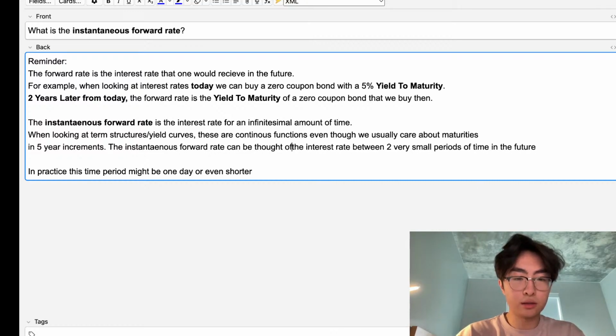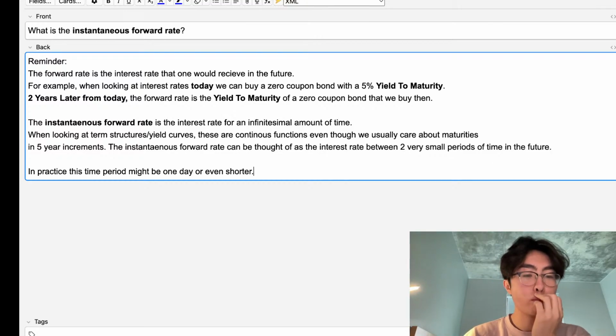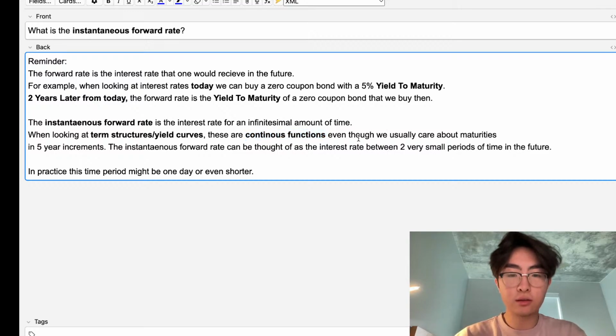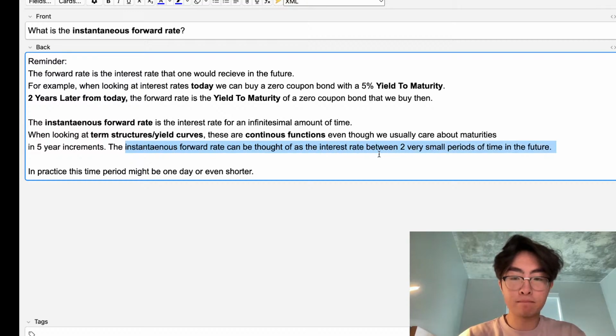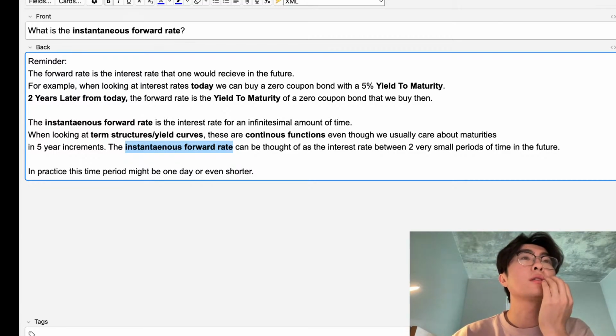Curves. These are continuous functions. The instantaneous forward rate can be thought of as the interest rate between two very small periods of time in the future. So let's take a picture of the yield curve.